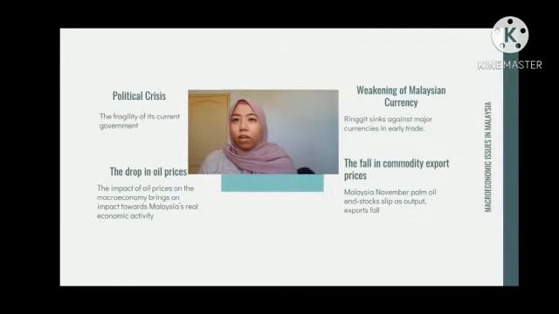Weakening of Malaysian currency. Ringgit sinks against major currencies in early trade. The ringgit was lower against the US dollar in the early session today on weaker demand for the local note due to the country's bearish economic outlook.